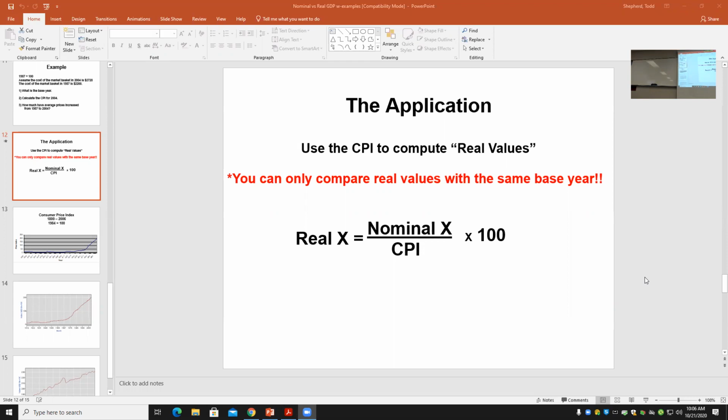The second example we did was an individual consuming beer. The first year, the individual spent $90 on beer. The second time period, I don't remember what year that was, they spent $110 on beer. So the question was, did they consume more beer? And the answer was, with the numbers we have, we don't know, because those are nominal numbers.